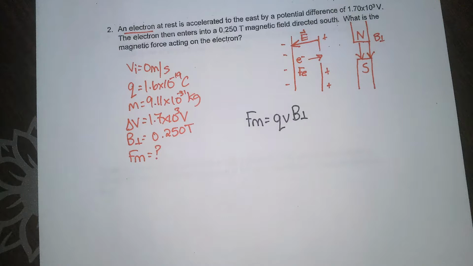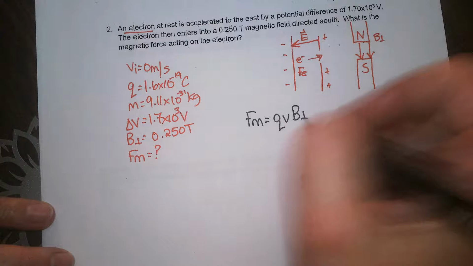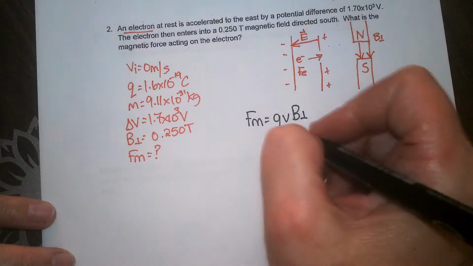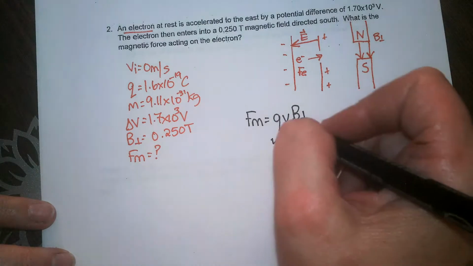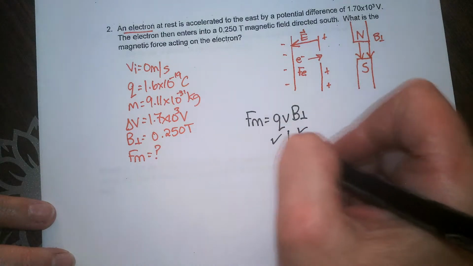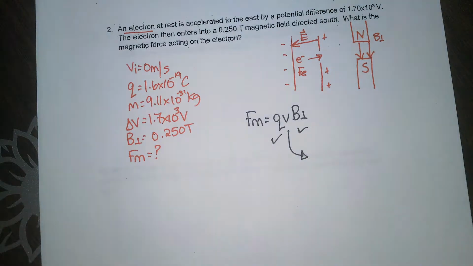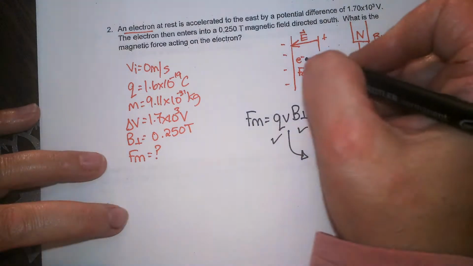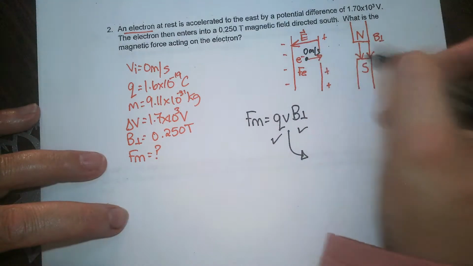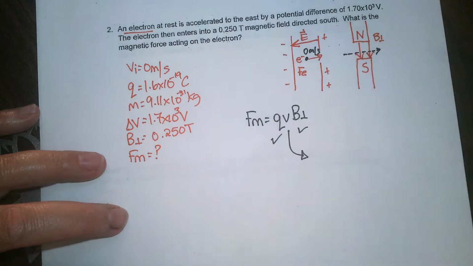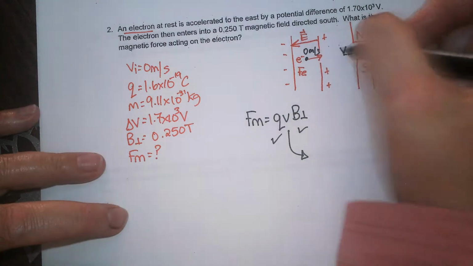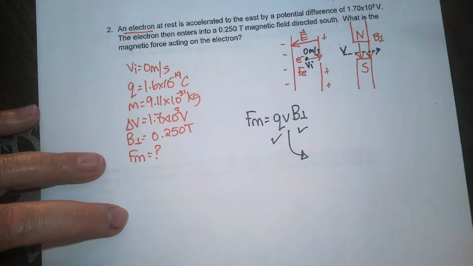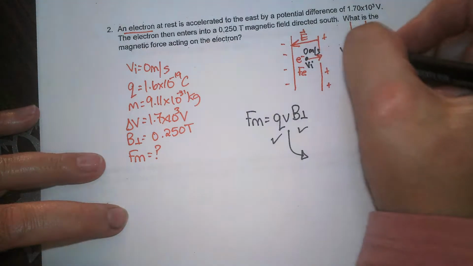Now, we need to be able to figure out V. We have Q, we have B. V, speed, because it's accelerated. Here it's 0, but by the time it hits here, it's in motion. So we need this. What would we call this? If this was VI, this would be VF.